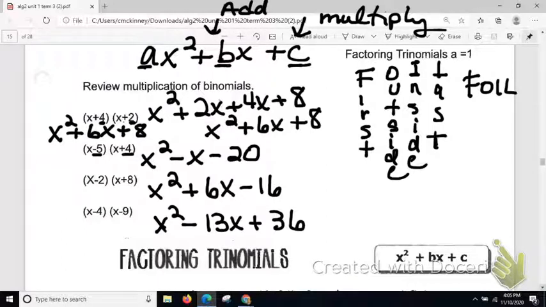Now we're going to go backwards. We're going to factor. Since when we were multiplying, we added to get the middle and multiplied to get the end, now there are infinite possibilities that could add up to get something.